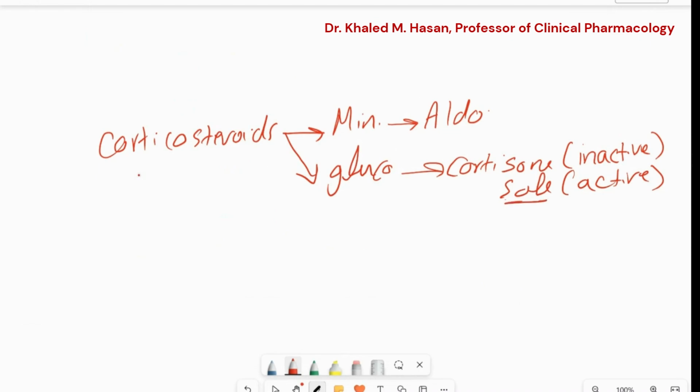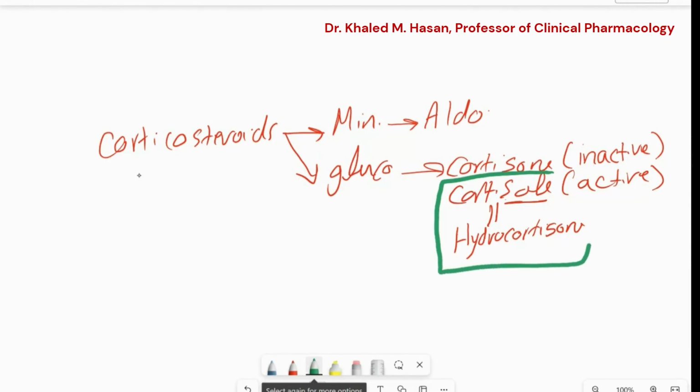Give me another name for the cortisol. Cortisol and hydrocortisone are the same name, the active medication.